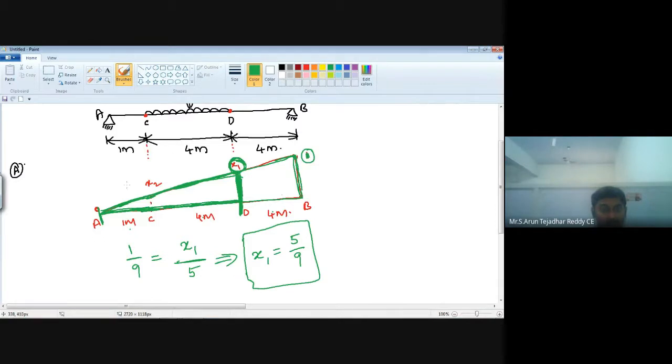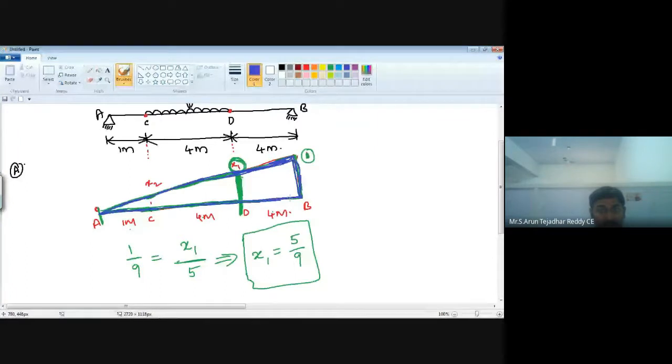Now calculate the x2 value. Same concept, similar triangle. Here the first triangle is the bigger triangle, marked in blue color, because we know the maximum intensity is at point B. So always I am considering the bigger triangle.